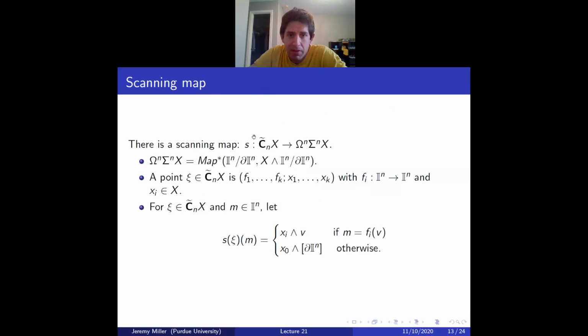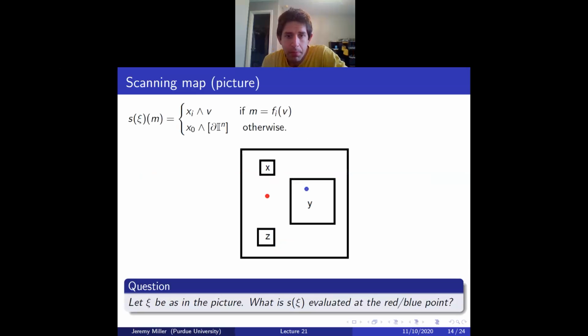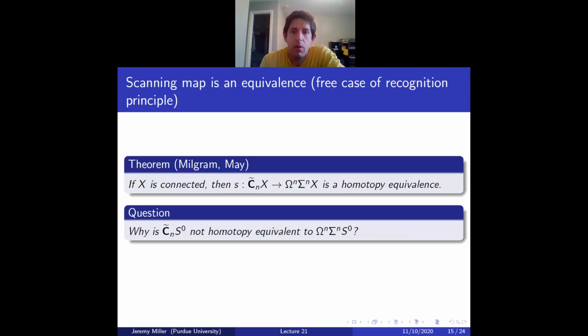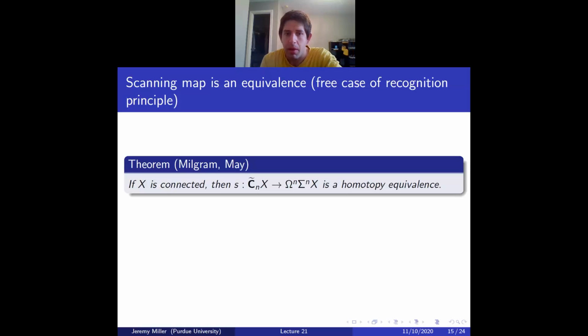So we get a map of spaces. For each space X, you get a map from the reduced monad on X to loops and suspension n X, and this is going to be a map of algebras over the operad, etc. There's a theorem, and you prove it the usual way with quasi-fibrations, etc., that if X is connected, then this map is a homotopy equivalence. You need this connectedness for there to be inverses up to homotopy.